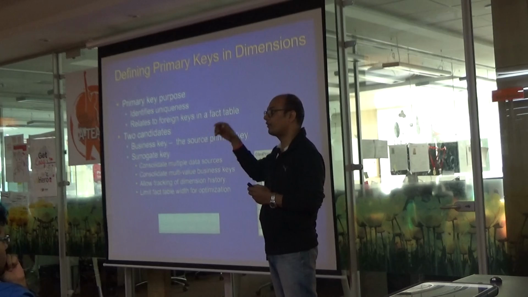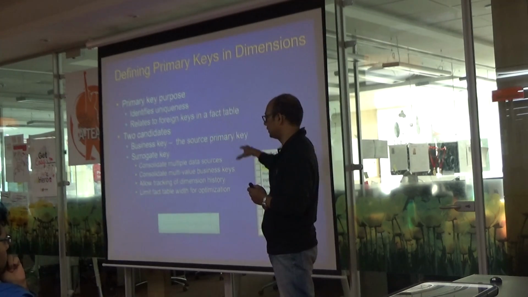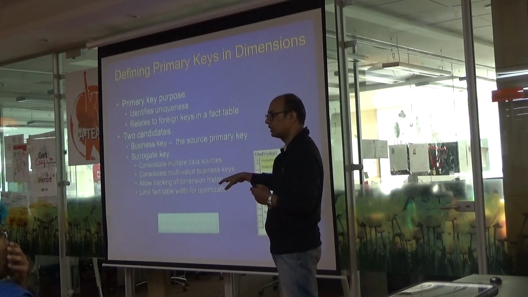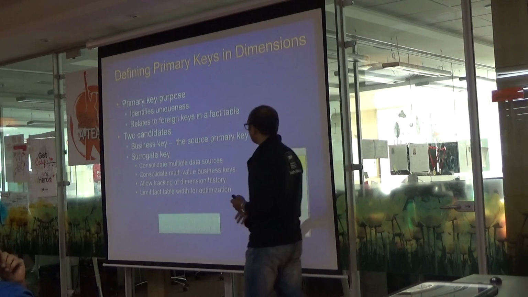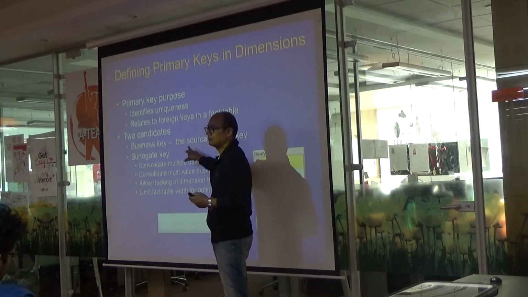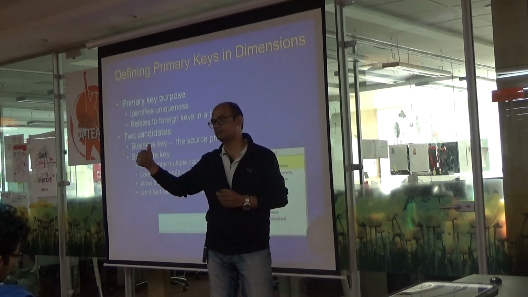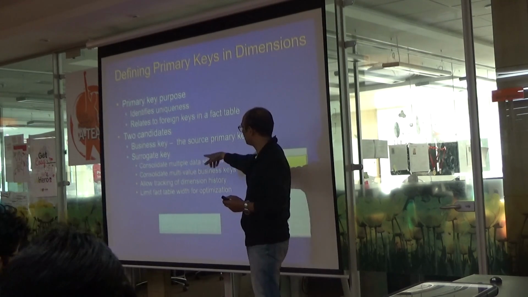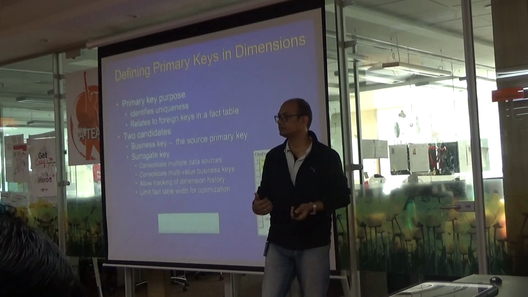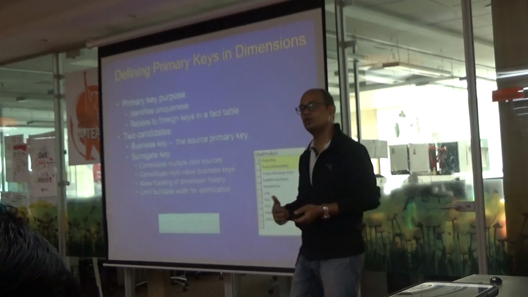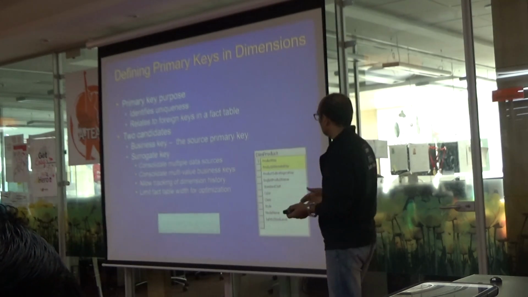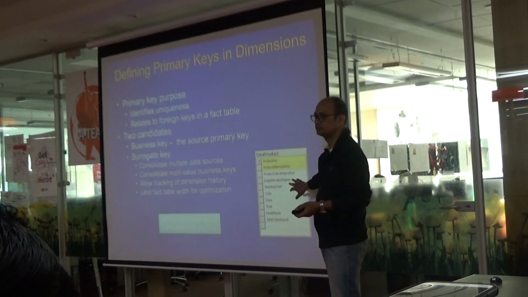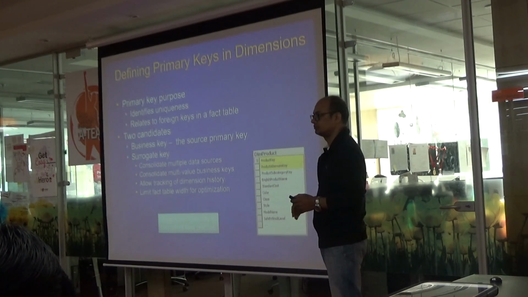In the product table I have a product ID and its various attributes. So one thing is I can go ahead and use that. That's called the business key. Okay? And the other way is to create a surrogate key. That means you create a new key when you are getting the data into your data warehouse. Make sense?